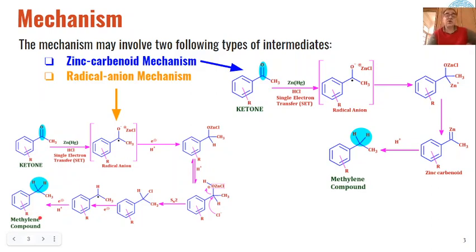So this is how carbonyl compounds can be converted into methylene compounds by either of these two mechanisms.